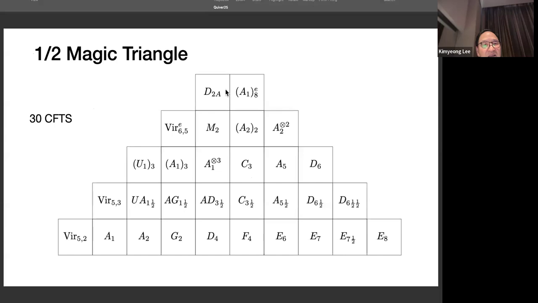So as I said, there are 30 theories, out of which 17, you can count, have standard Lie algebras. So one of the things about these guys, like U1 level 3, A1 level 3, A2 level 2, or A1 level 8, is that this theory effectively has a different dual Coxeter number.